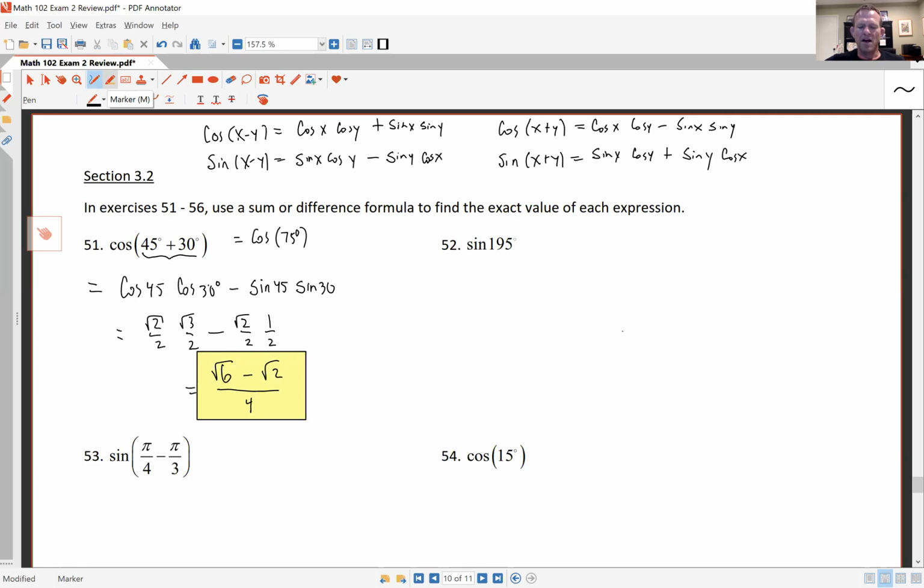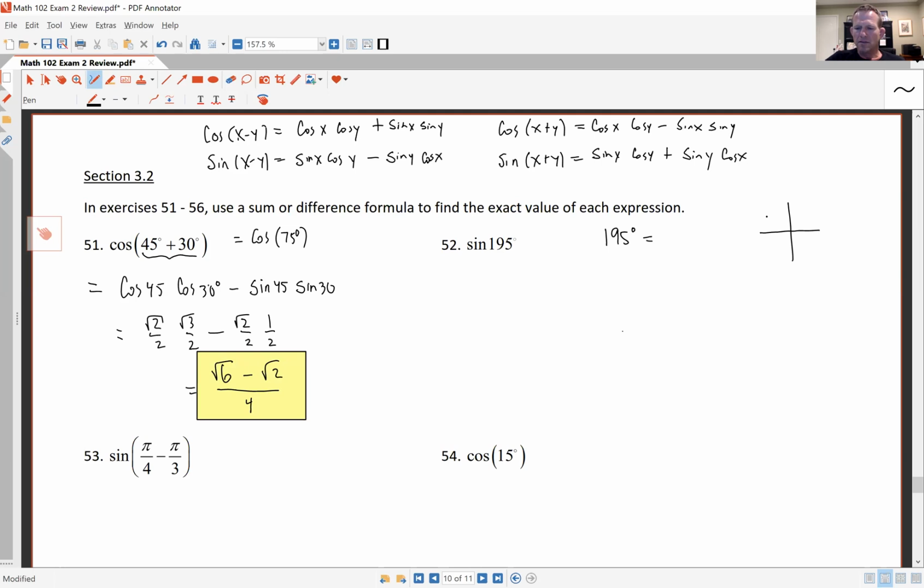Now 195, we need to find that as the sum of two of our standard angles. When I see a 5 on there, I'm thinking that it's got to be some kind of 45 degree angle. So there's a couple of different ways we could go about this.